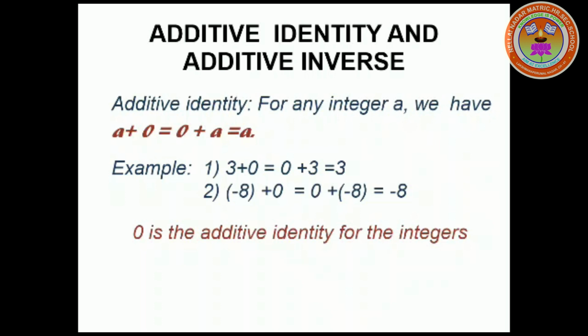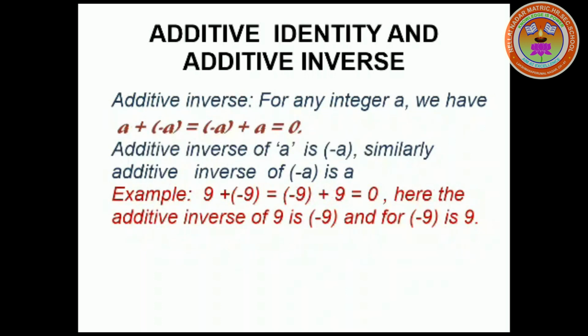For example, 3 plus 0 is nothing but 3, or 0 plus 3 is also nothing but 3. Similarly, -8 plus 0 is -8, and 0 plus -8 is -8. So, at the end, I'm going to say that 0 is the additive identity for the integers.